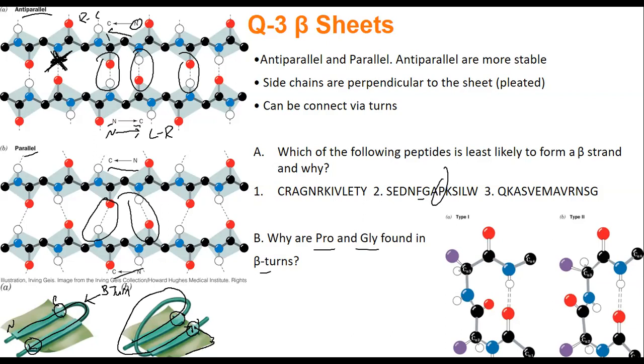So a glycine is much more likely to be in a beta sheet or alpha helix than a proline. Proline literally cannot be. Cis. Yes. So proline is the only amino acid that can have a cis conformation.